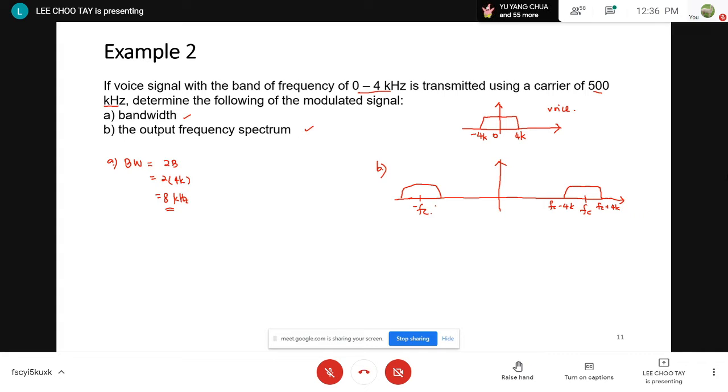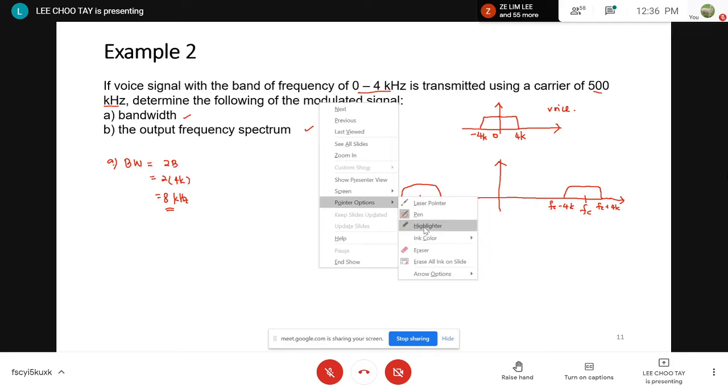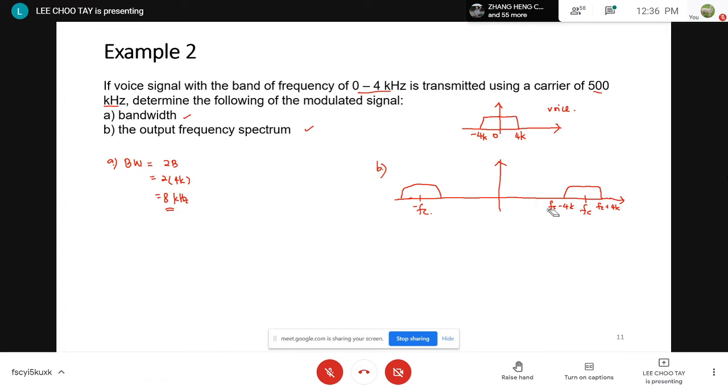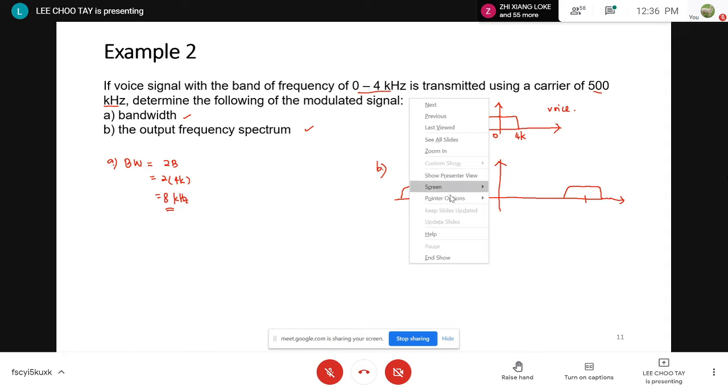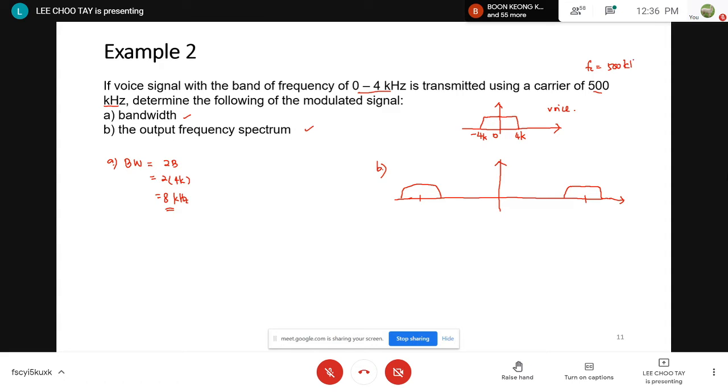All right, let's put it in numbers, don't write FC. Since I know what FC is, here my FC is 500 kilohertz.